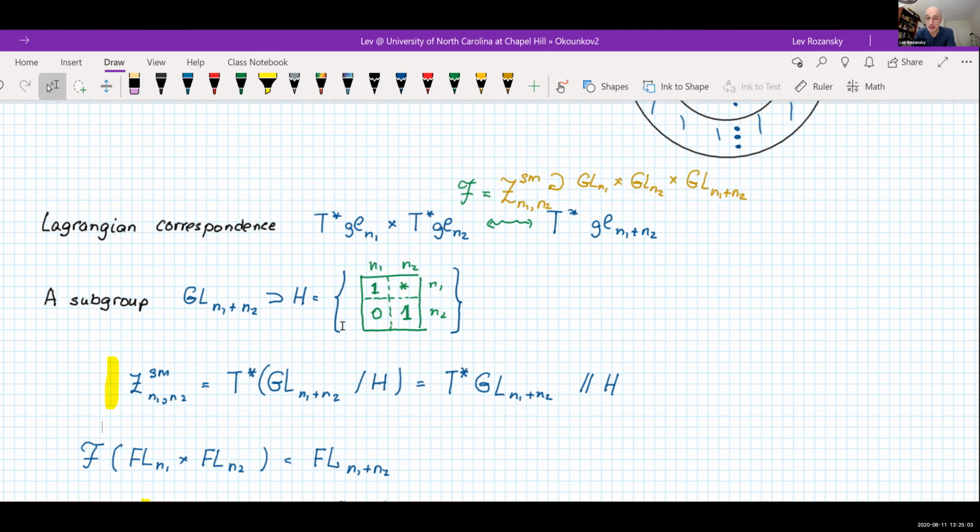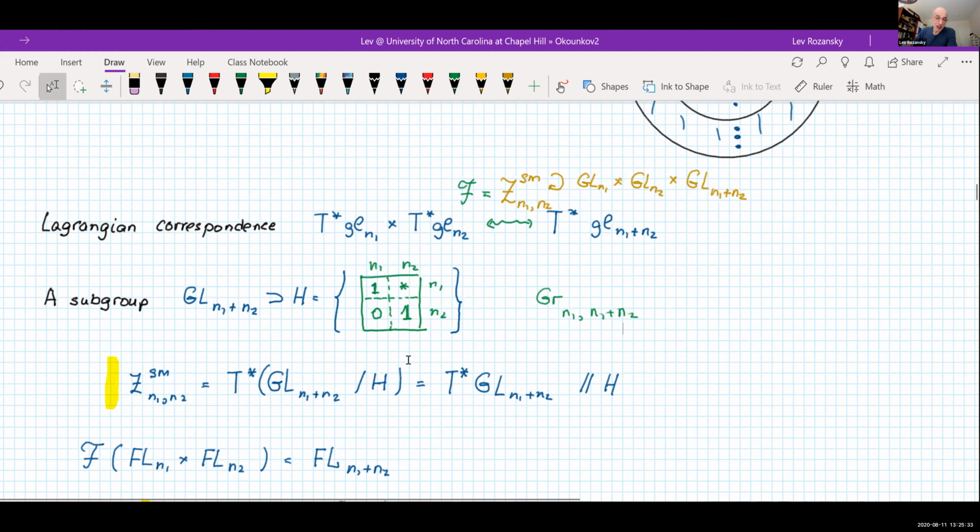It's a Grassmannian of N1 inside N1 plus N2, if I'm correct, equipped with a basis in N1 and in the quotient of the total space by the subspace. So it's a framed Grassmannian.